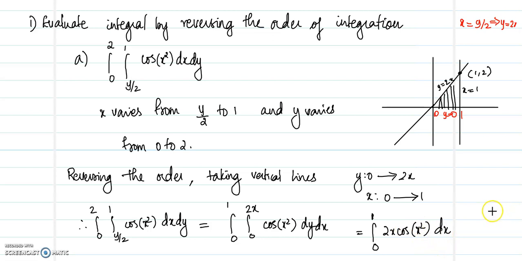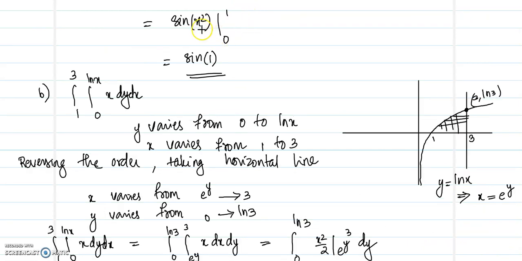Now when you take the derivative of sin x square, by chain rule that will be 2x cos x square, which is this integrand. So the antiderivative of 2x cos x square dx will be sin x square. So we'll get sin x square from 0 to 1, which is equal to sin 1 minus sin 0. Sin 0 is 0. So we'll get the value of the integral to be sin 1.